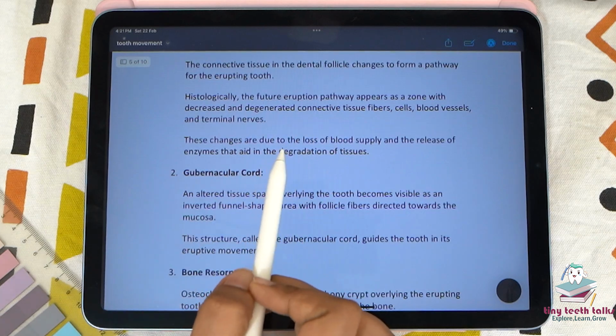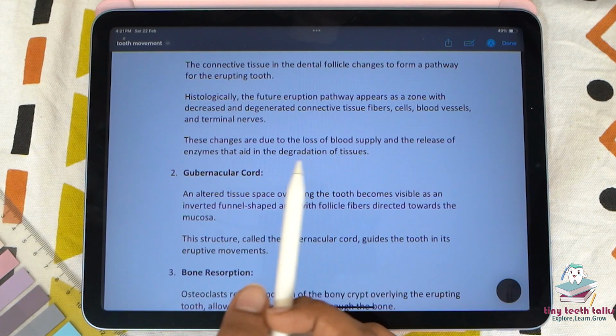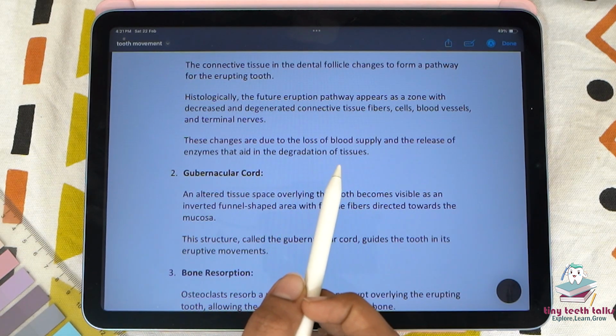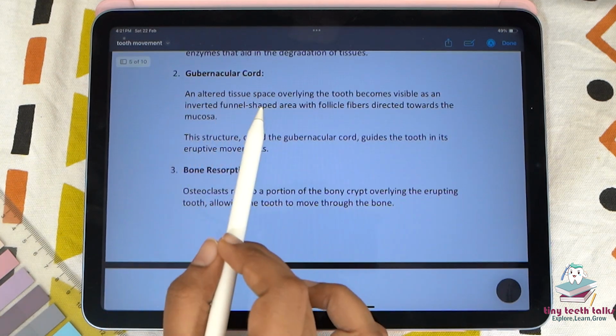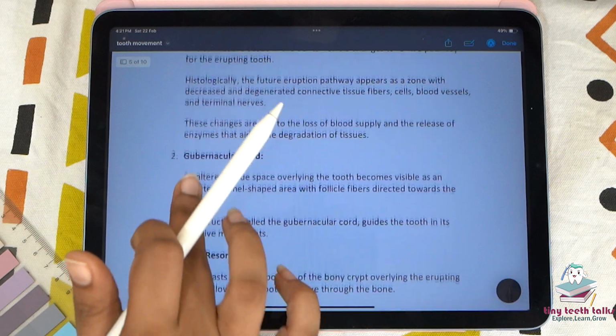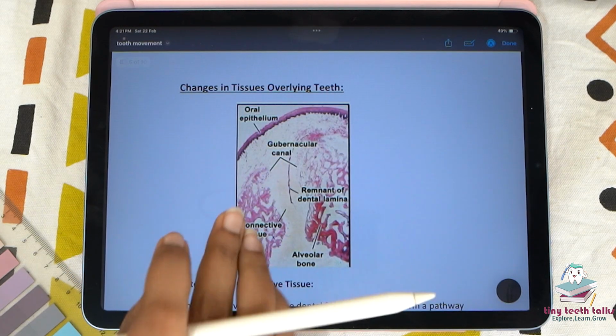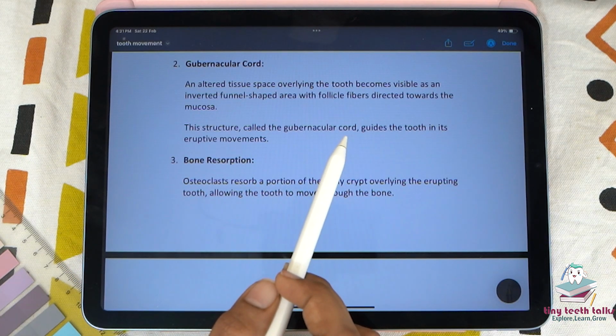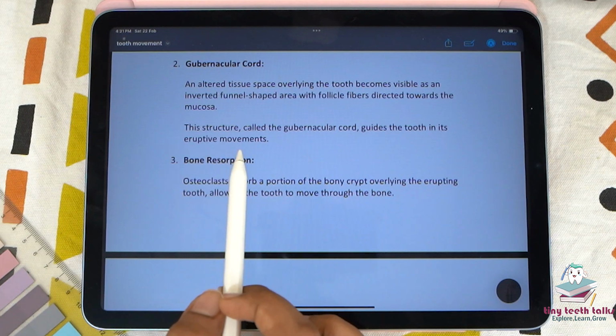These changes are due to the loss of blood supply and the release of enzymes that aid in the degradation of the tissue. These altered tissue spaces overlying the tooth become visible as an inverted funnel shape structure called the gubernacular cord, guiding the tooth in its eruptive movements.